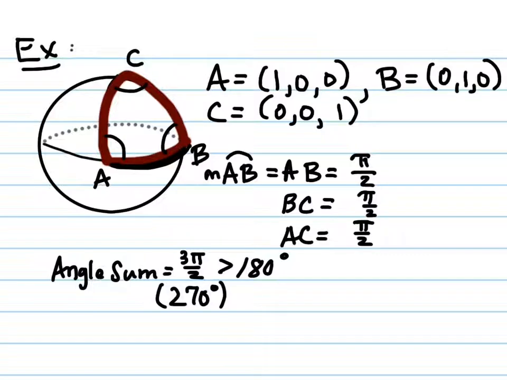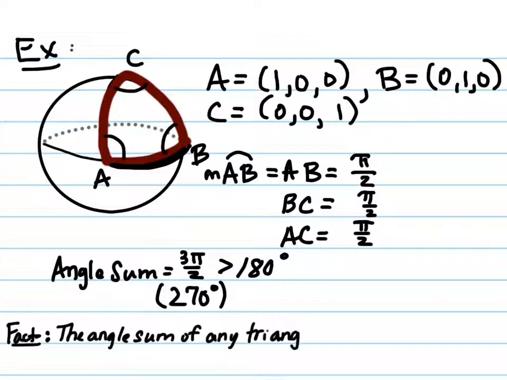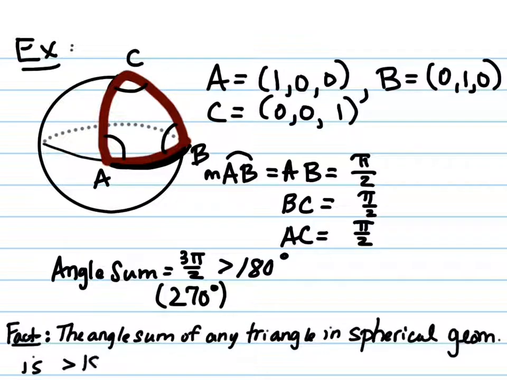So that's fact number one we're going to write down: the angle sum of any triangle in spherical geometry is greater than 180 degrees. Okay?